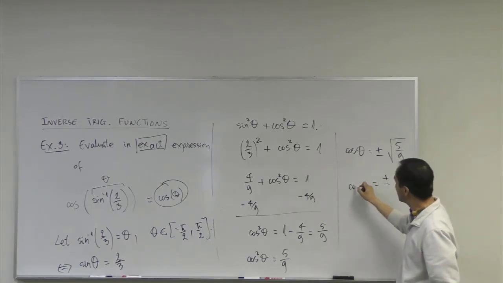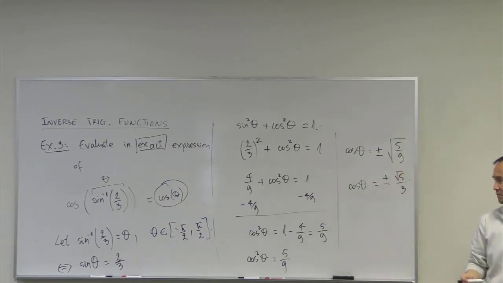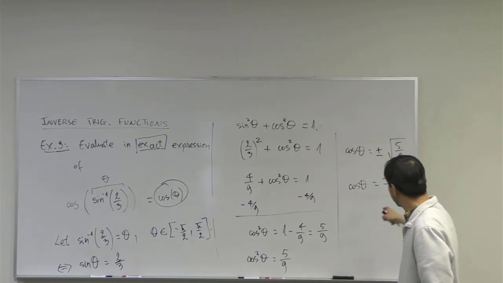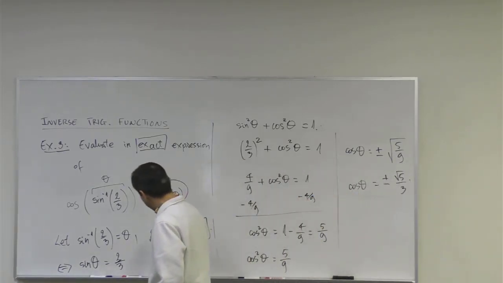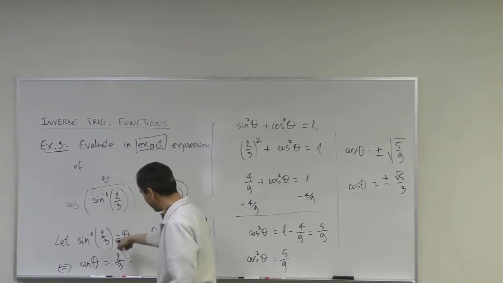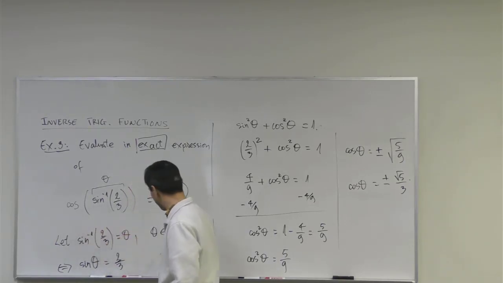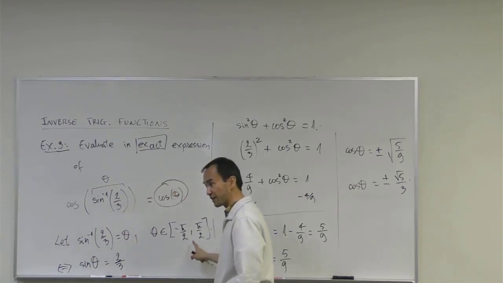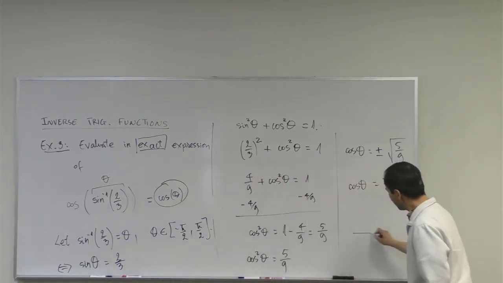But how do we choose? How is it that we chose this positive one? Or how do we choose the answer from here? So now keep in mind, theta has to be an angle, because remember theta came out from being the sine inverse of 2/3, right? So theta is already restricted beforehand to the interval of minus pi/2 to pi/2.